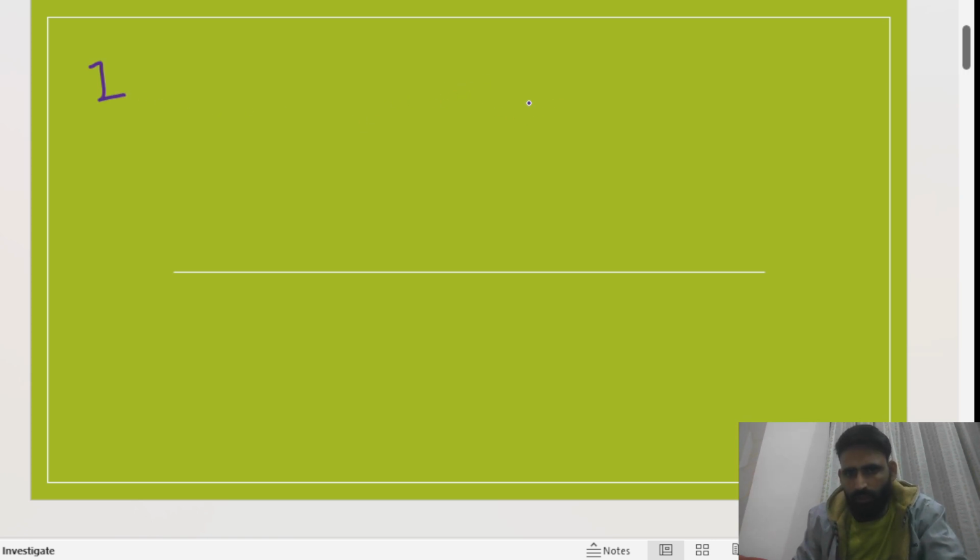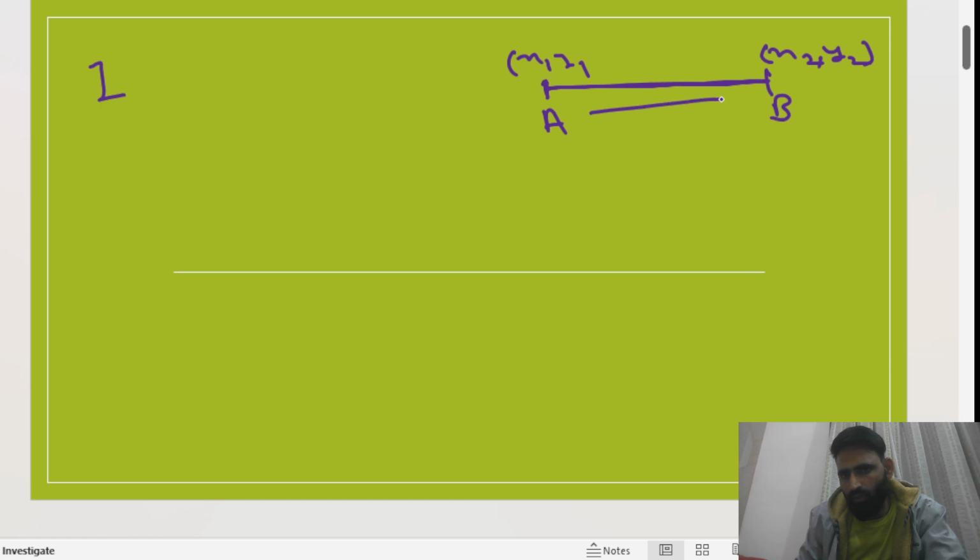Suppose there are two points, this is point A and this is point B. Suppose this point's coordinates are x1, y1, and this point's coordinates are x2, y2. So what is the distance AB?